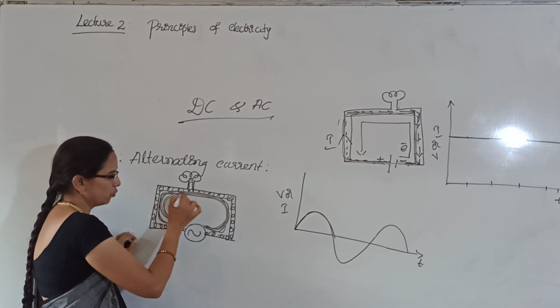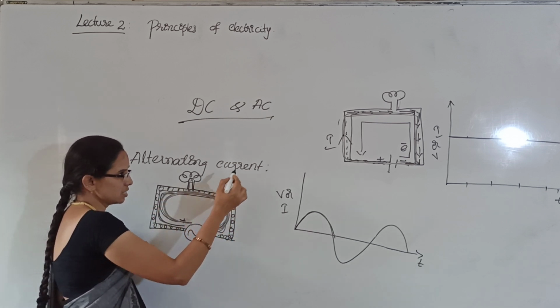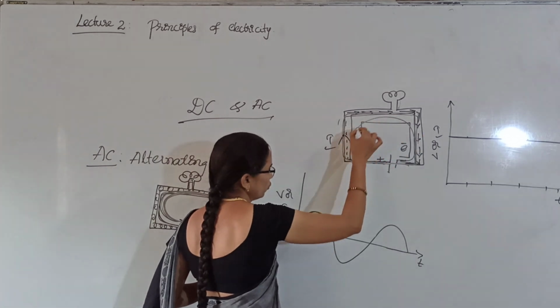Whereas in case of DC, electrons will be flowing like this only.